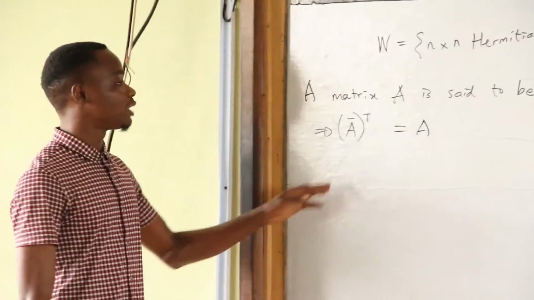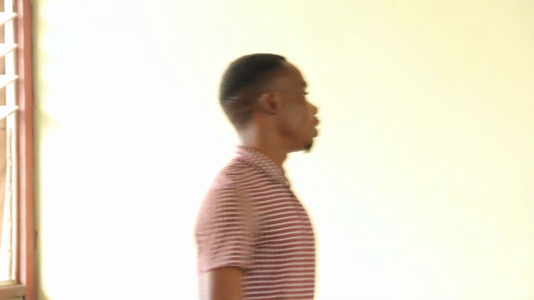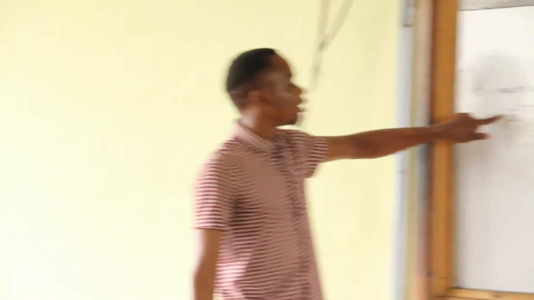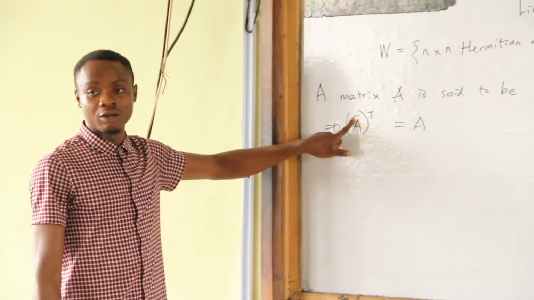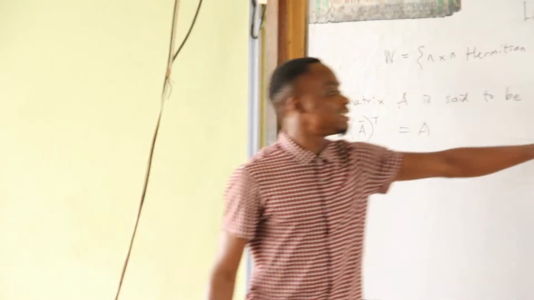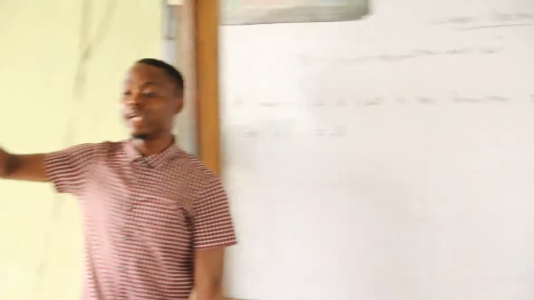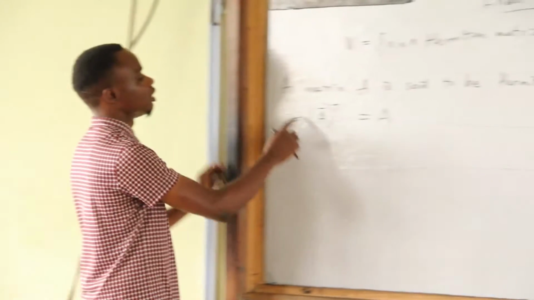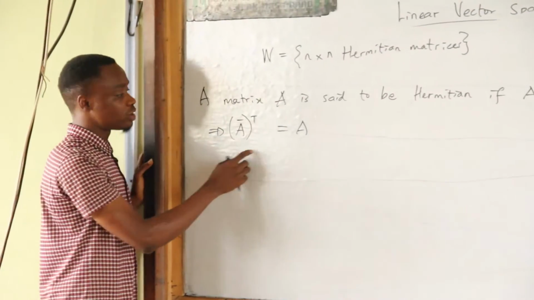Listen now. We usually define the Hermitian for matrices of complex numbers, that is, matrices that have complex elements. And what we mean by A bar is that we take the conjugate. So this A star simply means conjugate transpose. Take the conjugate of the matrix, then transpose the result. Is it making sense?